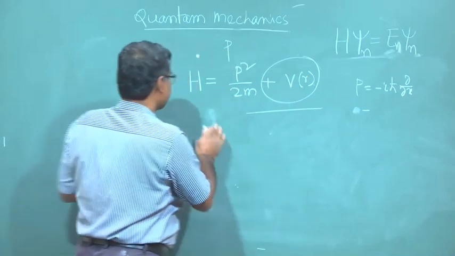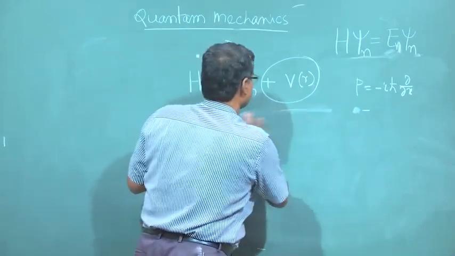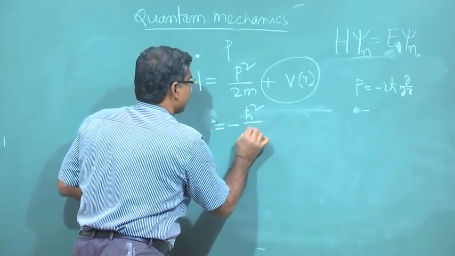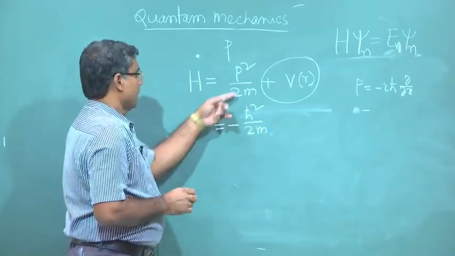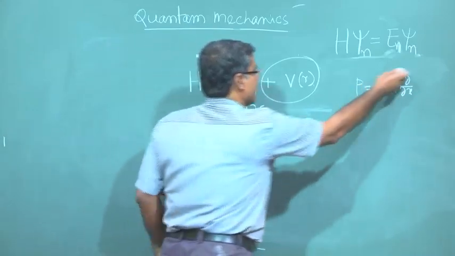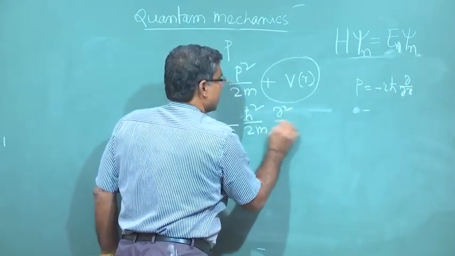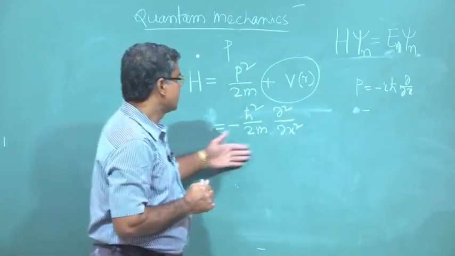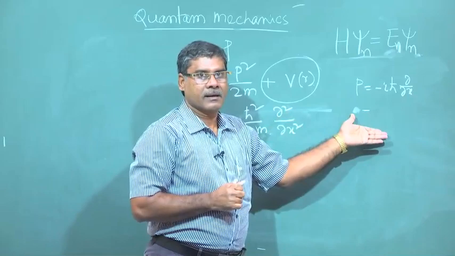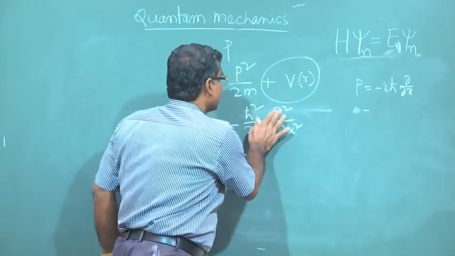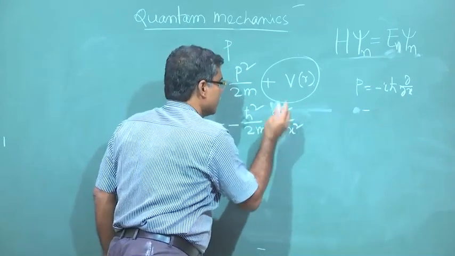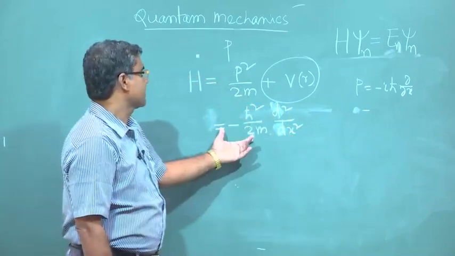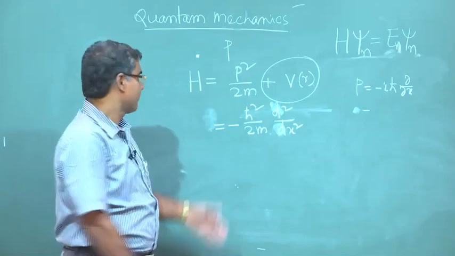So, that time I made a mistake, I made it plus earlier. So, it will be minus h cross square by 2m del 2 by del x square. Since it is one dimensional, I can write d2 by dx square, right.